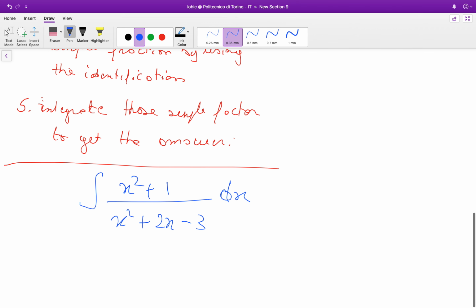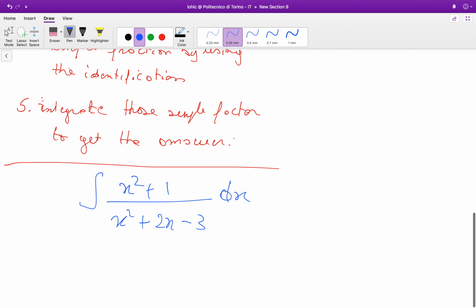As one can easily see, it is the kind of integral that we are trying to solve, because it is rational: polynomial over polynomial.